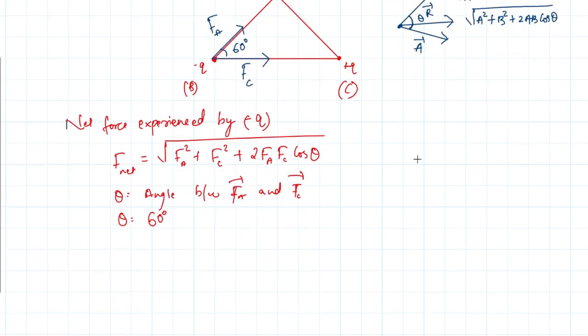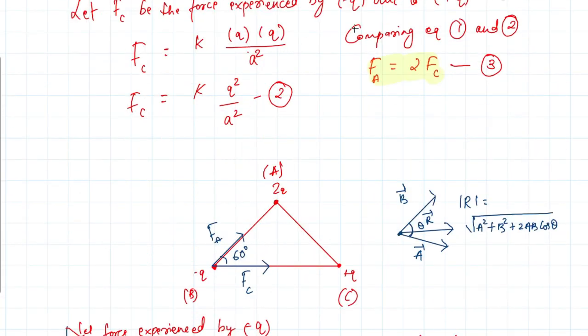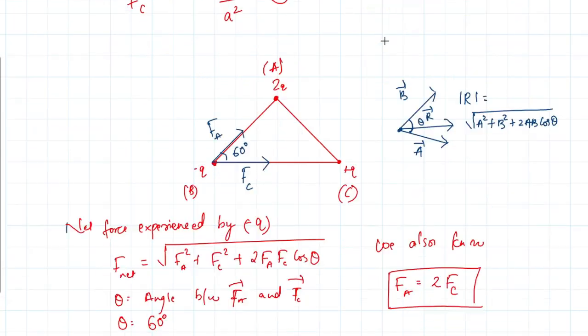We also know what Fa is. Fa is nothing but twice of Fc, so we can replace Fa by twice of Fc. Here we have already proven that Fa is twice of Fc. So let's solve this equation.